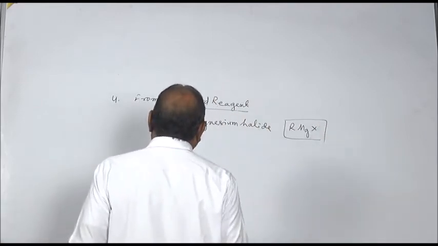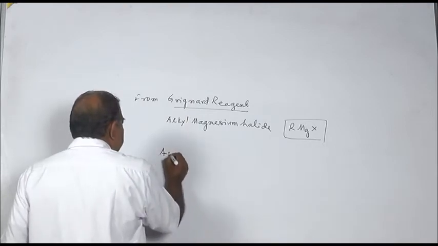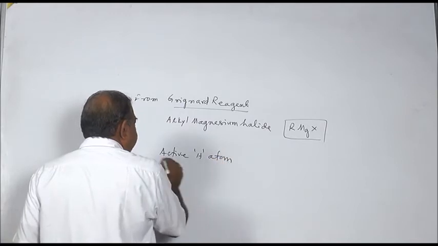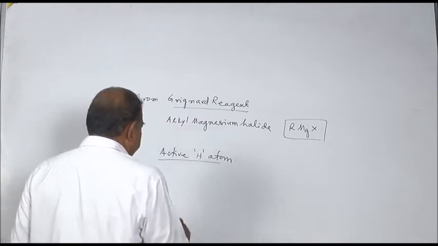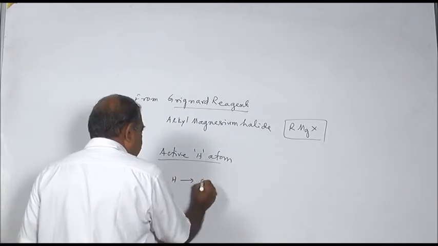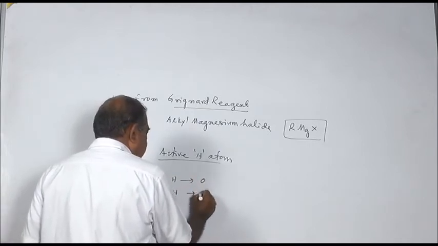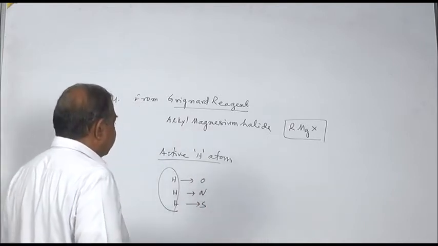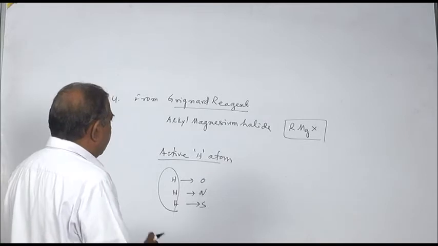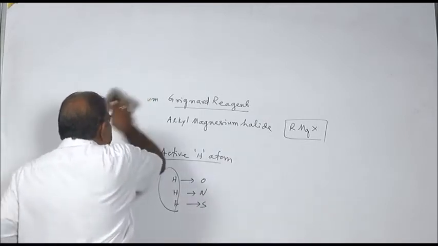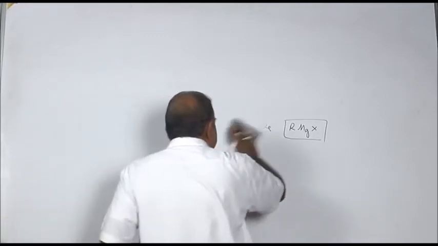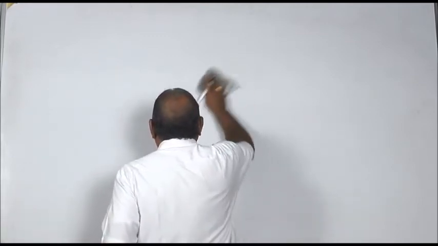When a Grignard reagent is treated with a compound having an active hydrogen atom. Active hydrogen atom means when hydrogen is attached to either oxygen or nitrogen or sulfur, then the hydrogen atom is called an active hydrogen atom. When any Grignard reagent is treated with compounds containing an active hydrogen atom, that means hydrogen attached to either oxygen or nitrogen or sulfur, you will get an alkane.